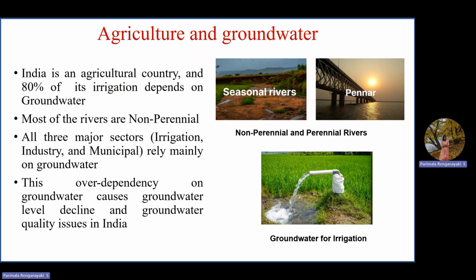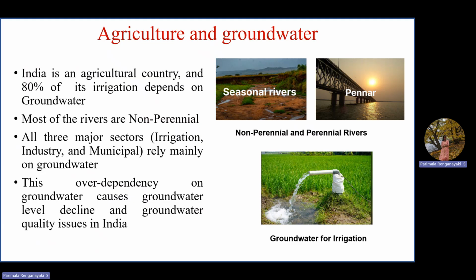Even the canals or the transporting system is not 100% ensuring that water is reaching the agricultural land. In such a case, they depend on groundwater even in the northern part of India. In the southern part, as the rivers are non-perennial, sometimes they go for rain-fed crops.